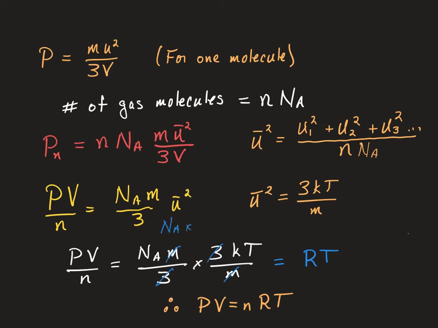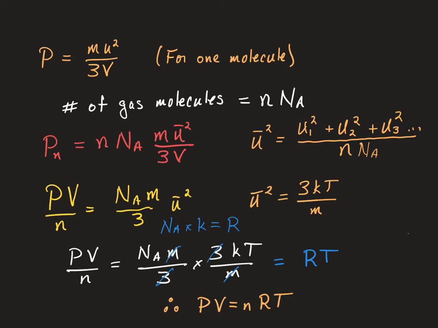Avogadro's number times k gives us the gas constant R. So all of this reduces to R times T. So we get PV over n equals RT.